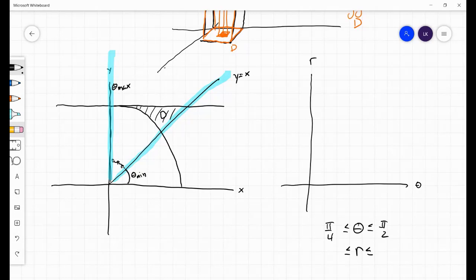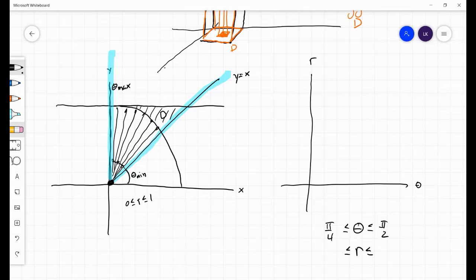If you did r goes from 0 to 1, remember r is the distance from the origin. So r starts at 0 and increases until it's a distance 1 away from the origin. So we'd be covering the wrong region. We'd be covering the inside of that circle, not the outside.